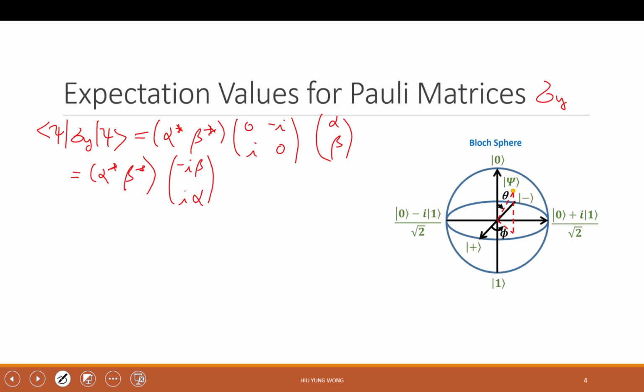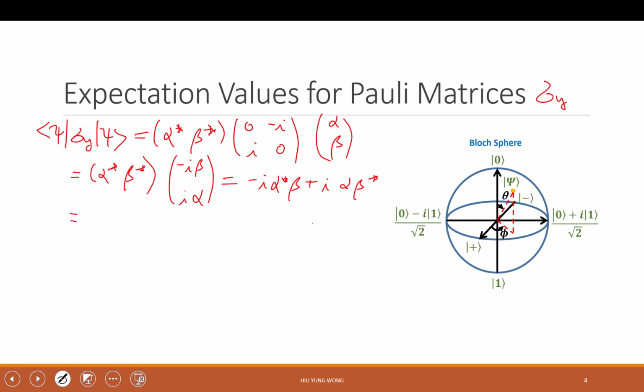Then I continue to do the multiplication. I get negative i alpha star beta plus i alpha beta star. I just multiply this with this plus this with this. Very simple, right?